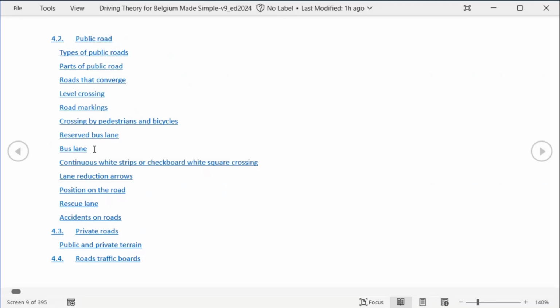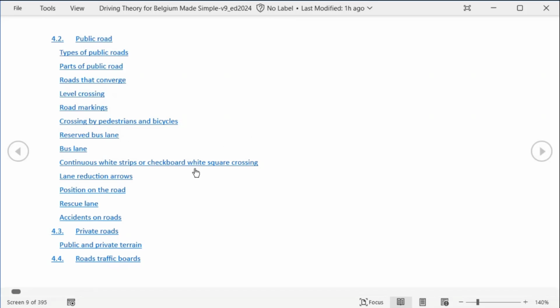What's the difference between a reserved bus lane and a bus lane? The rules are totally different, and we need to identify these two things for us to be able to answer the questions correctly. Also, in the practical exam, to be able to drive correctly on the road and pass the practical exam.